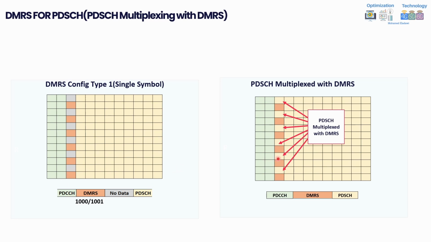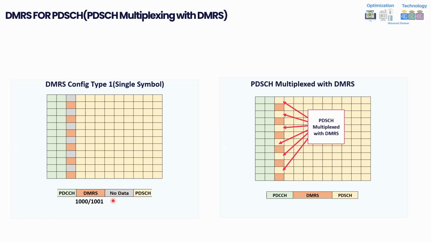Okay, two more points to highlight. First, assume that this particular user is in rank 4, or rank 3. This means that the remaining resource elements will already be utilized for DMRS as well. In this case we cannot have PDSCH multiplexing with DMRS. So with rank 3 and rank 4, we cannot have PDSCH multiplexing with DMRS.